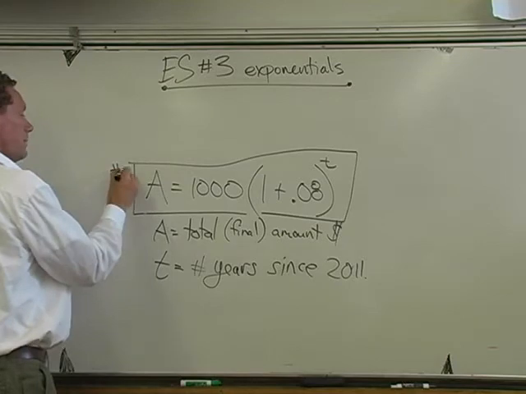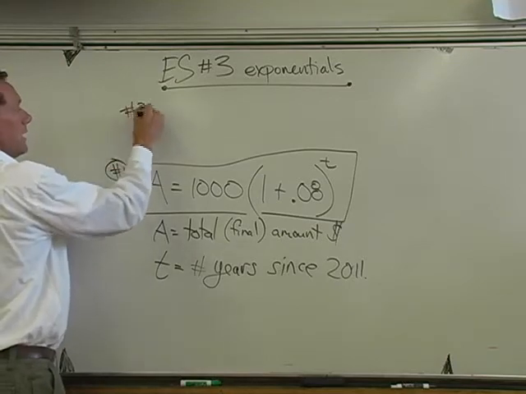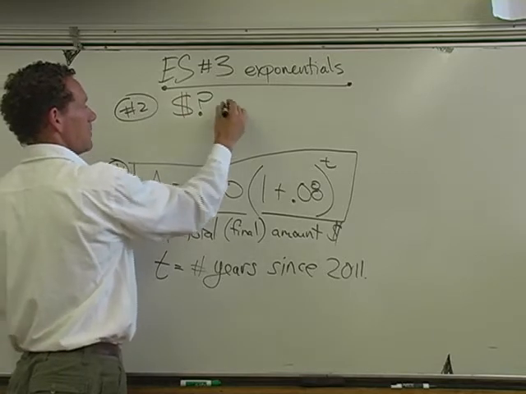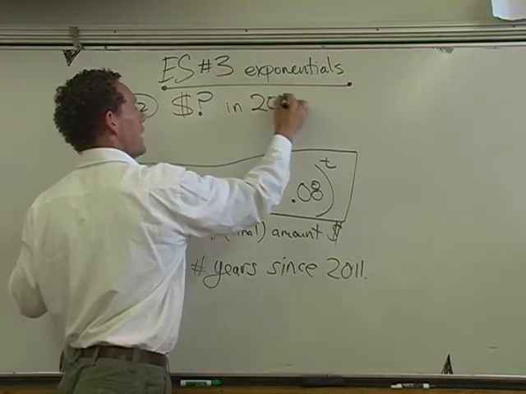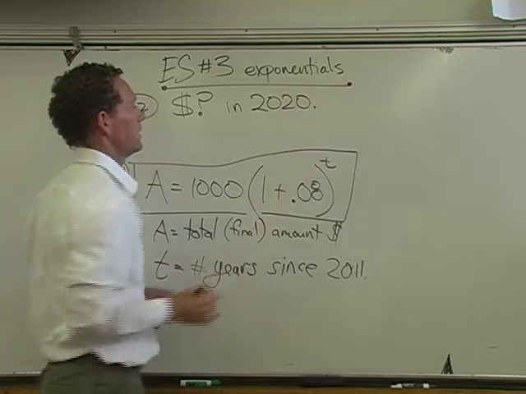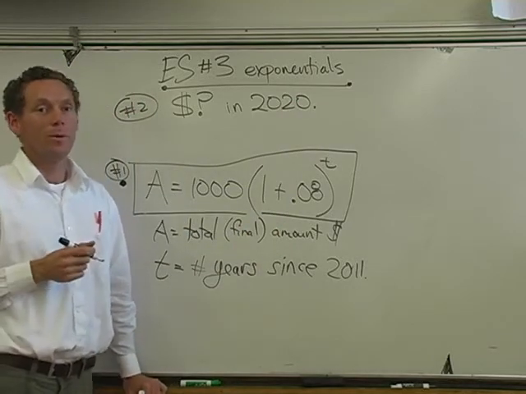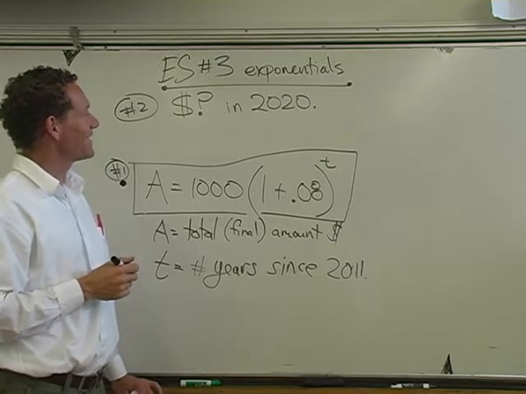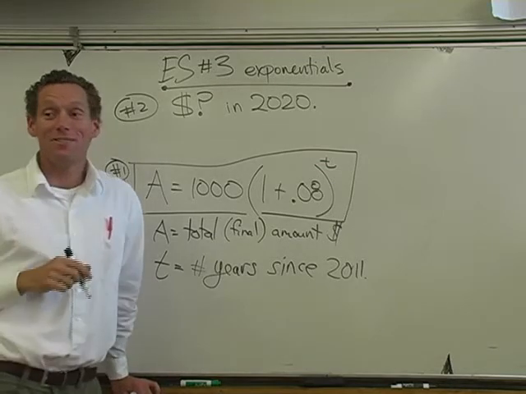That was number 1. Question 2 then says, how much is the investment worth in 2020? We make it past 2012 all the way to 2020, and how much is the investment worth?